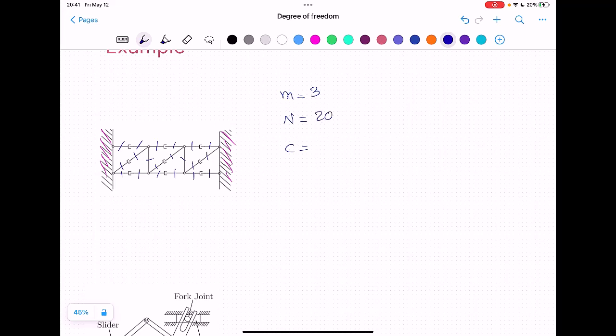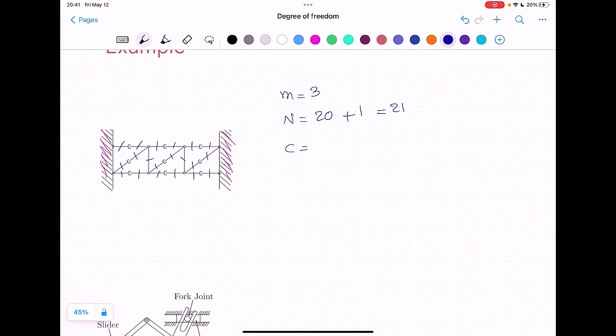So we have 20 links, and as I told you, we should count the ground as a single link. I know that this mechanism is connected to the ground on both sides, but we count both sides as one link. So we have 21 links.